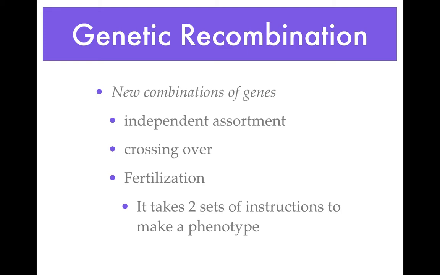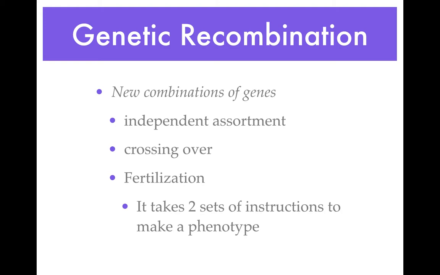Independent assortment. Independent assortment says that the maternal genes don't care where the other paternal genes go, or the other maternal genes, that they're randomly going to cross over, and we're going to get all possible combinations of maternal and paternal genes within a chromosome in a gamete.